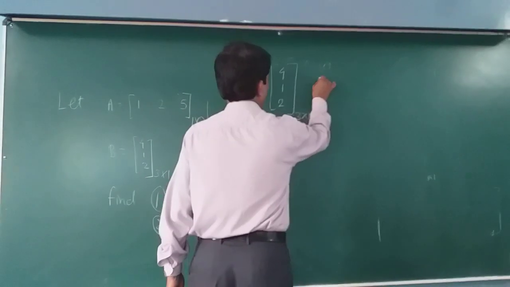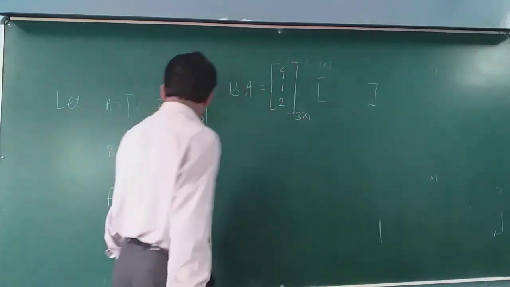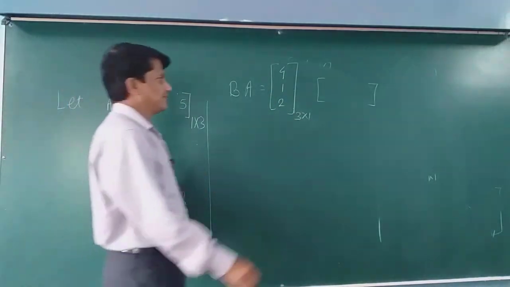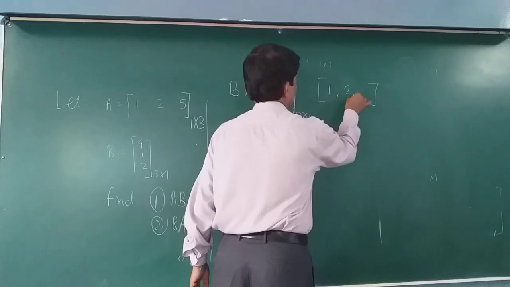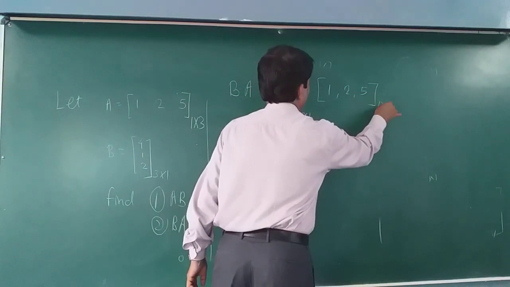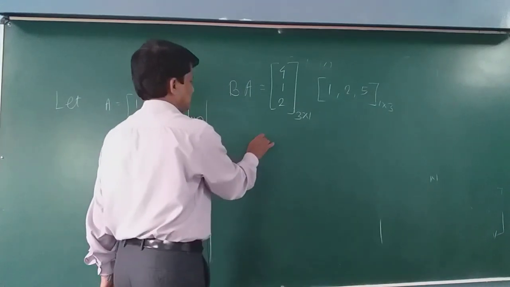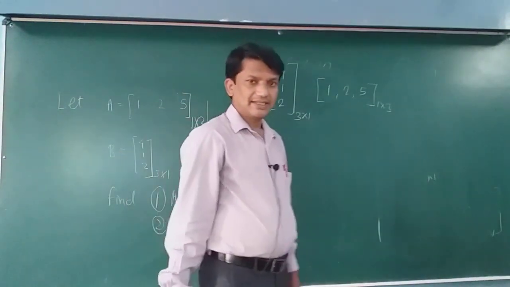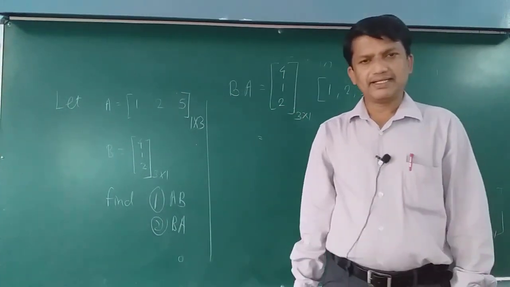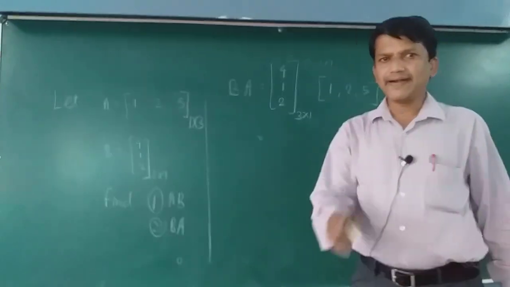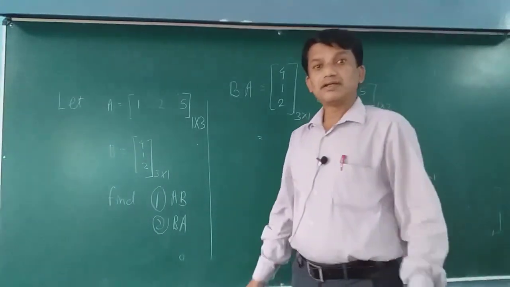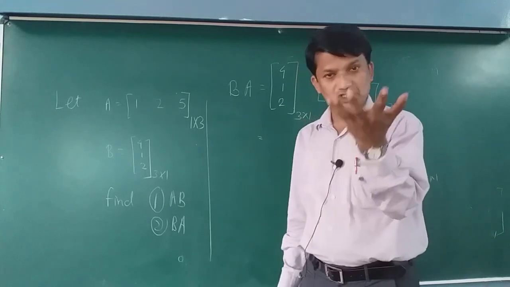Into what will be the A matrix? A matrix has 1, 2, 5: one row and 3 columns. Now try to find the product according to our rule, and check whether the product is possible or not.